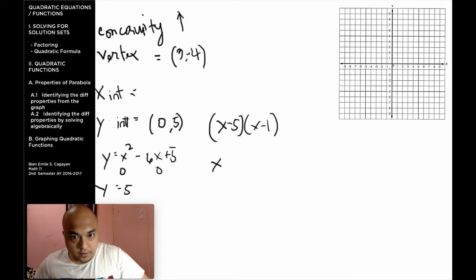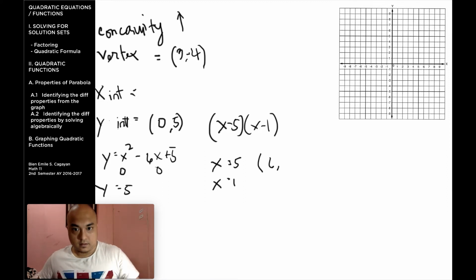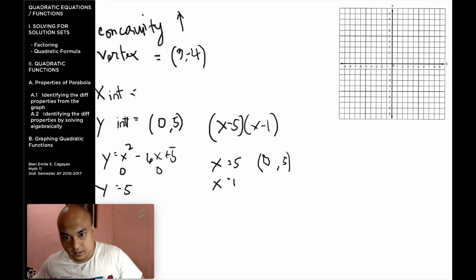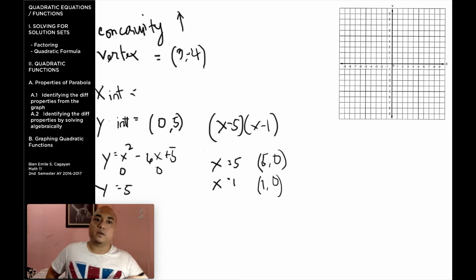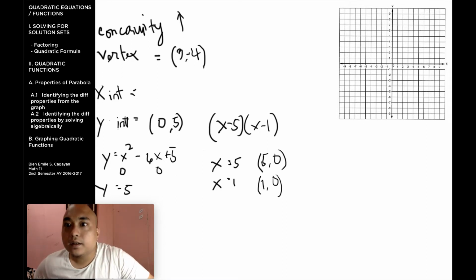So our x-intercepts are 5 and 1, or rather, 5, 0 and 1, 0. Sorry, my mistake. So we just have to plot that in our Cartesian plane.